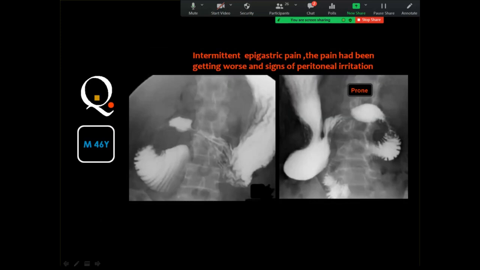And this patient had intermittent epigastric pain, and the pain had been getting worse, and signs of peritoneal irritation. This is the supine film, and this is the prone film of barium meal study.